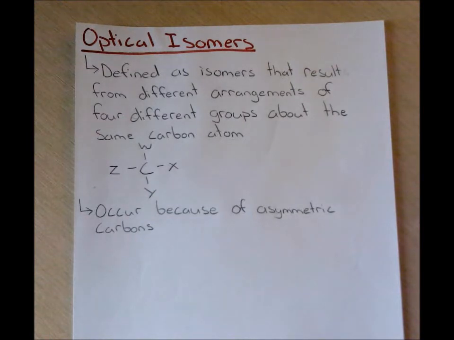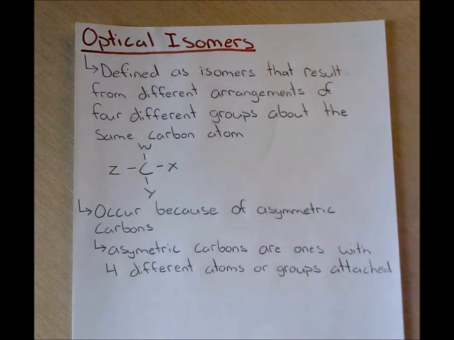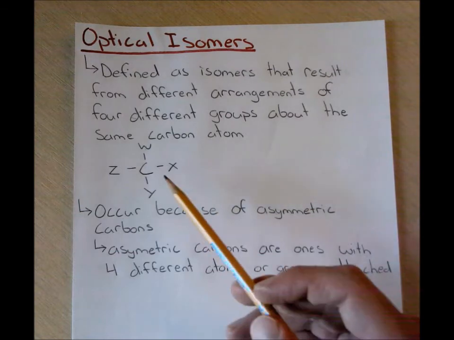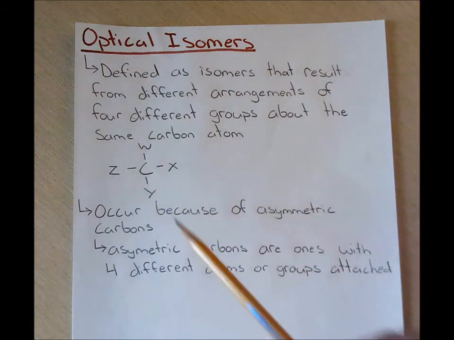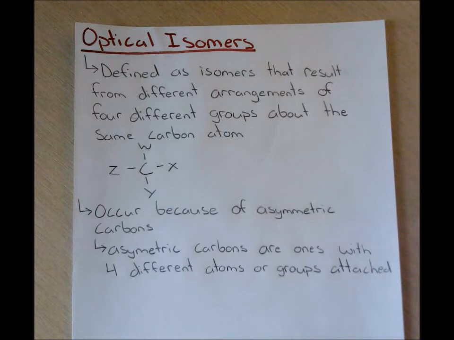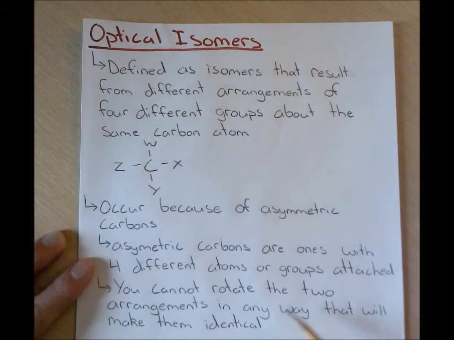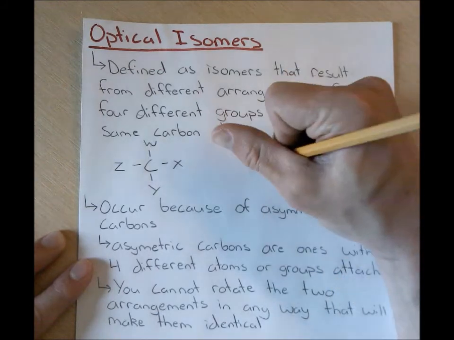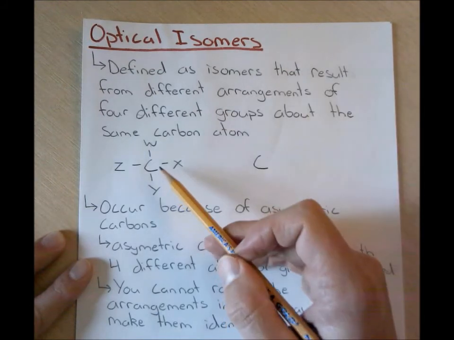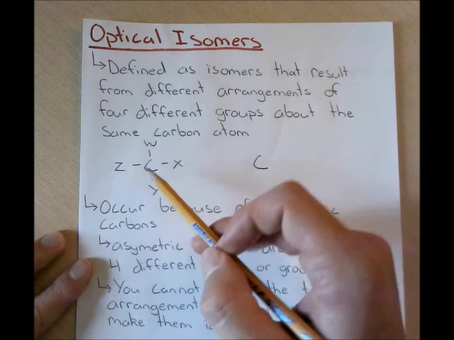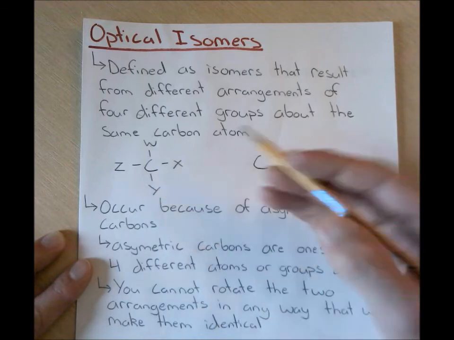Another key thing with our optical isomers or asymmetric carbon is that you cannot rotate the 2 arrangements in any way that will make them identical to each other. So I should have added here, but this will help make an example of this. We could just as easily rearrange these different attachments, and we could have them like this.